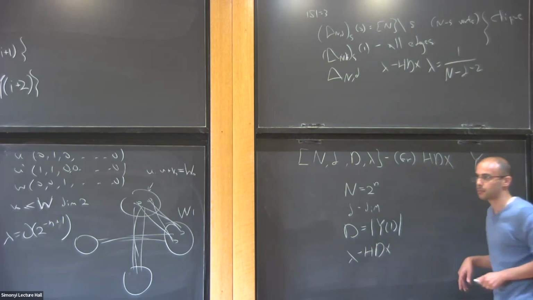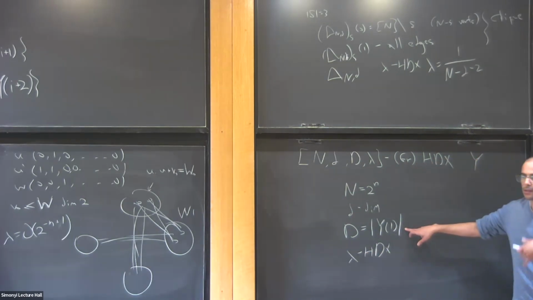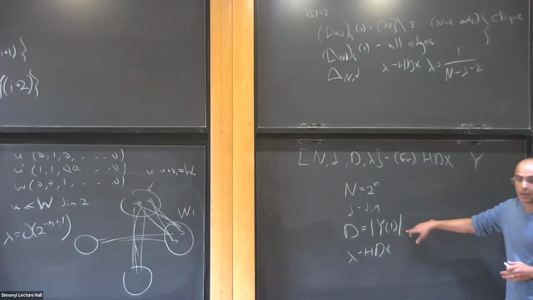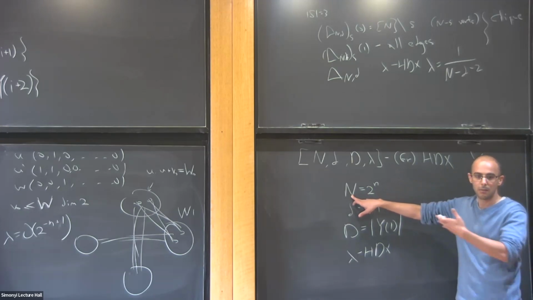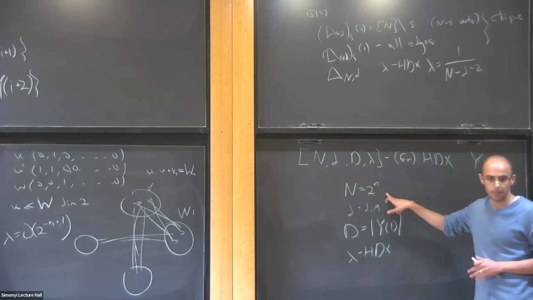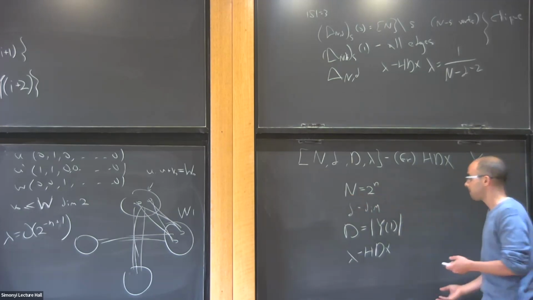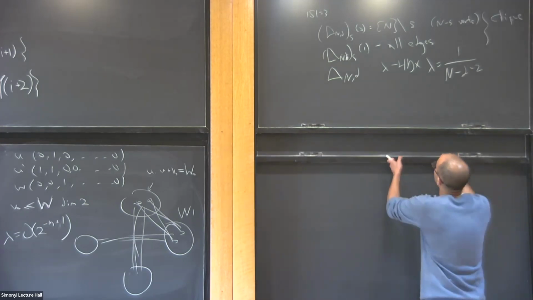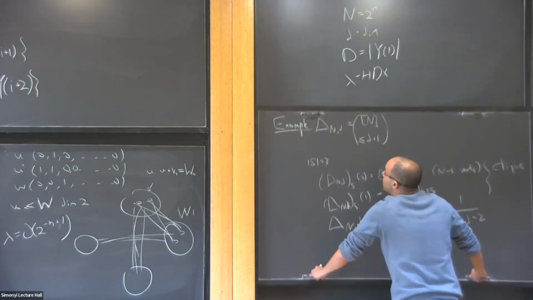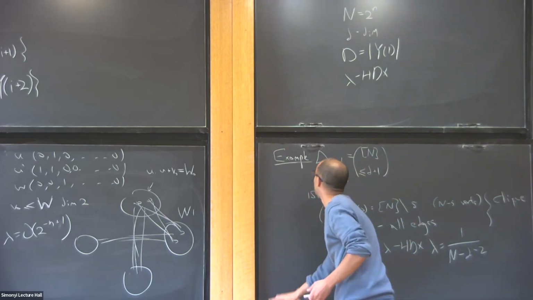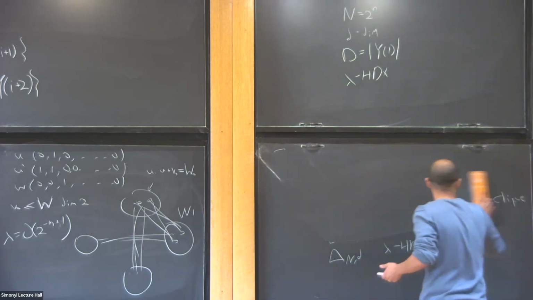So I want to say this explicitly. Before, D was the degree of a vertex in the simplicial complex, and now I'm putting here the number of lines. Before, n was the number of vertices, now I'm putting the size of the ambient space. But let me justify this by telling you a beautiful construction by Golowich.